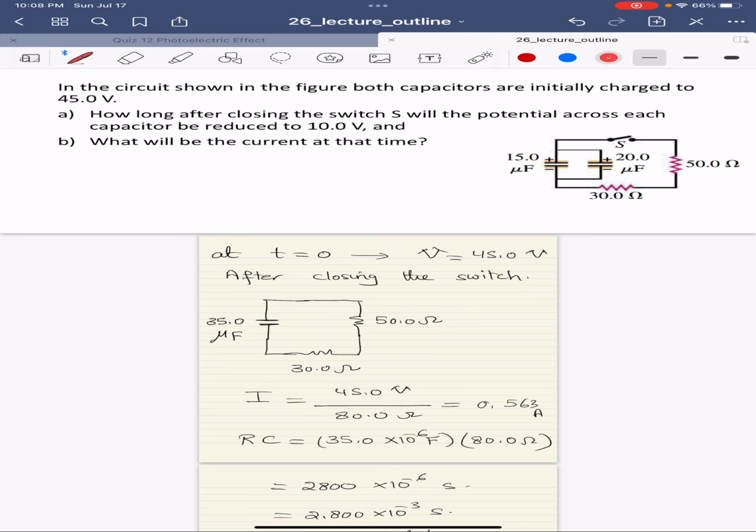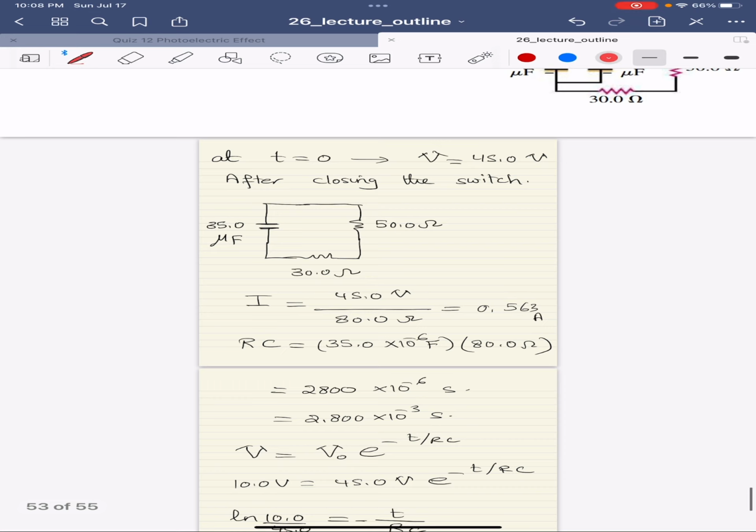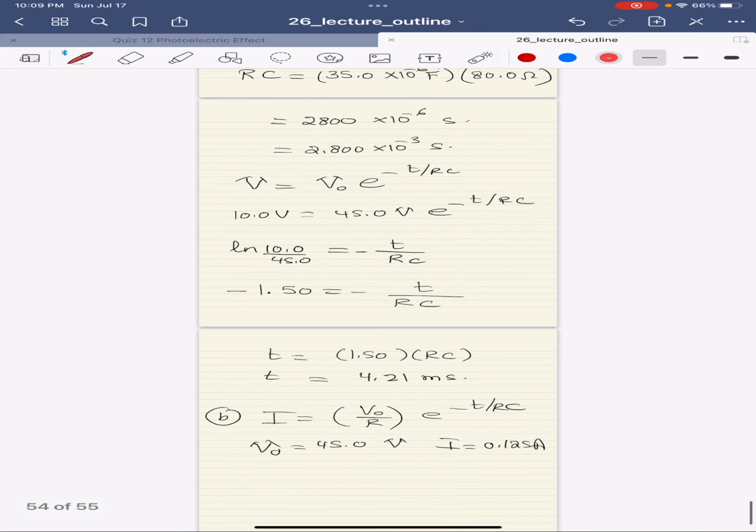I have two resistors in parallel, one is 15 and the other is 20. Their equivalent capacitance is 35 microfarads. I can calculate the current as 45 divided by 80, because the two resistors add to 80. And then this is the voltage.